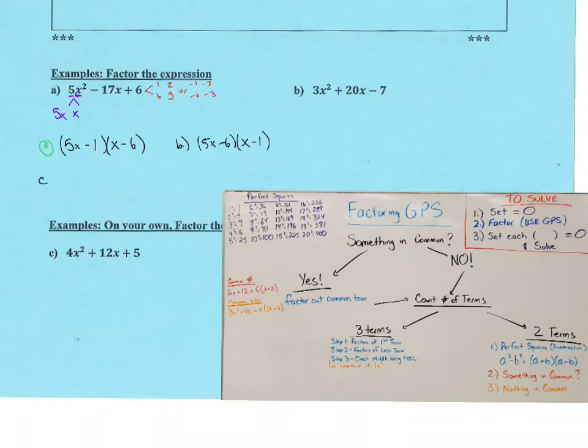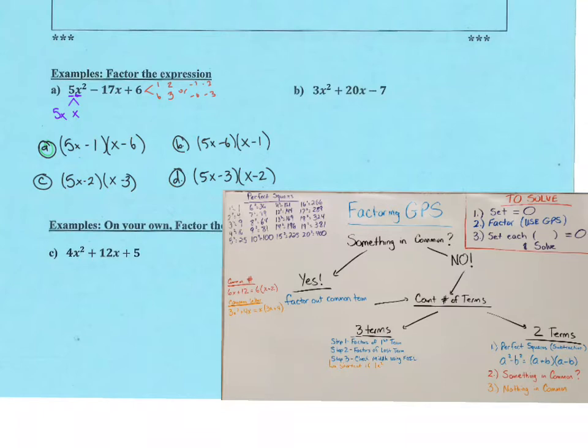Or you could have option C. You could have 5x minus 2, x minus 3, or you could have option D. So this is a multiple choice problem. These would be probably your 4 choices. Only one of these works. I have to check and see which one works.